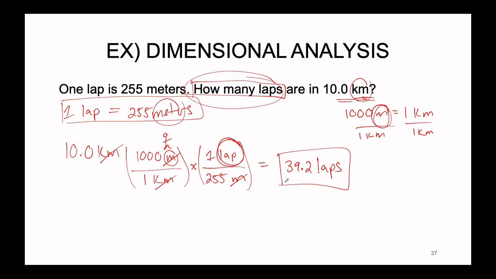All right, so the number 10 looks very different than the number 39.2, but if we take into account the fact that we have units associated with these numbers, and that along the way all we've done is multiply by 2 different versions of the number 1, 10 kilometers can assuredly be mathematically stated as equal to 39.2 laps.